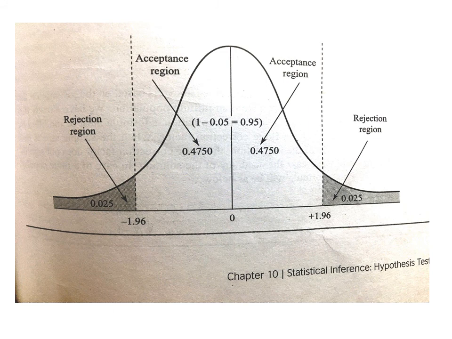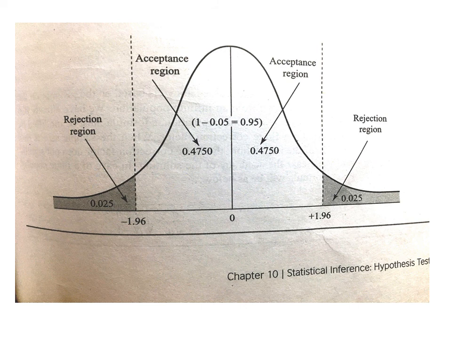Now I am explaining this graph again. The acceptance region is equal to 95%, which is equal to 0.95, as the level of significance is 5% in the question.